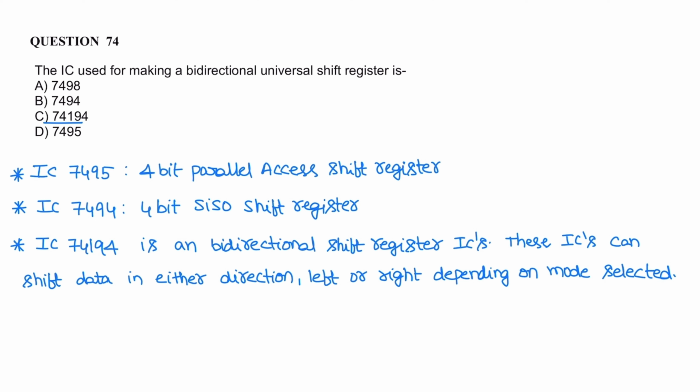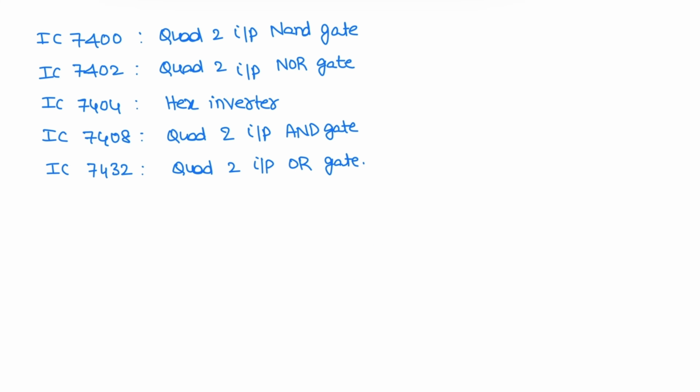These ICs can shift data in either direction, left or right, depending on the mode selected. Some more common ICs are IC 7400 quad 2 input NAND gate, IC 7402 quad 2 input NOR gate, and 7404, which is a hex inverter. It means it has 6 NOT gates.